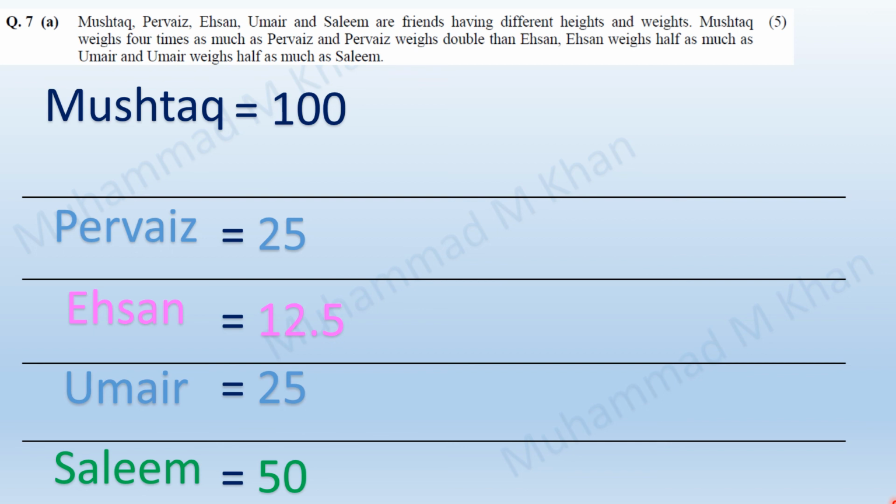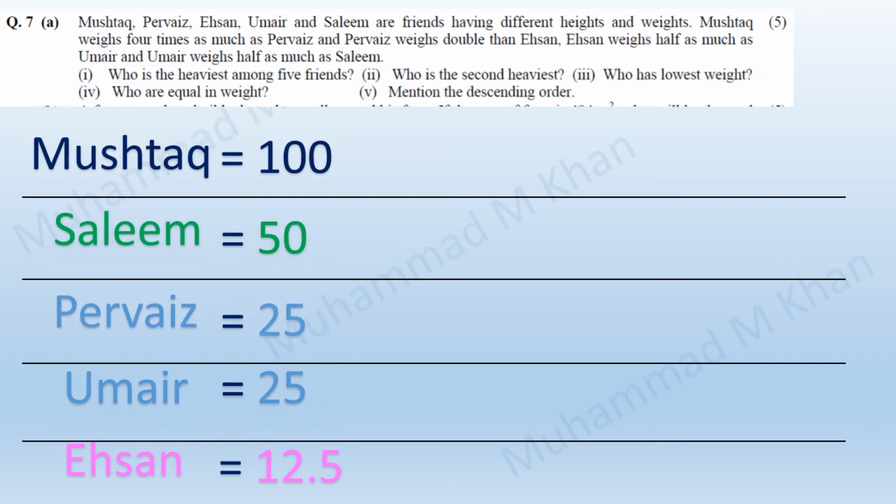Before I answer each and every part of the question, let me arrange the calculated numbers in descending order. Descending order means the weights decrease downwards. So if the weight of Mushtaq is 100 units, then these are the weights of the other friends. Who is the heaviest among the 5 friends?